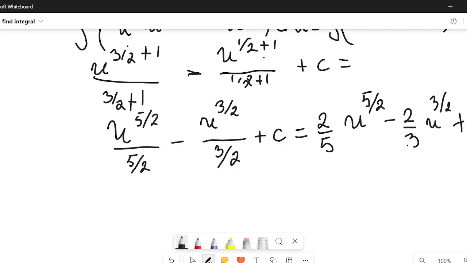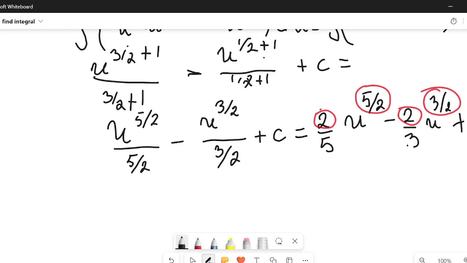Now, what can we do here? We can continue simplifying to give the simplest form. So we can factorize u to the power 3 over 2 and 2. As we see here, we have 2 and we have the powers 5 over 2 and 3 over 2.